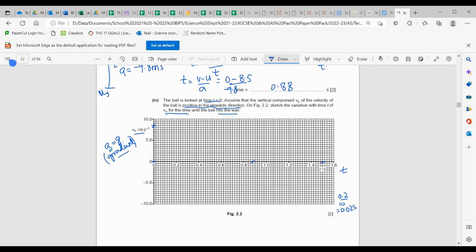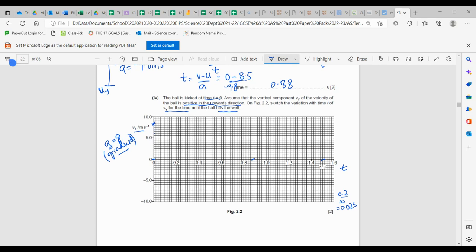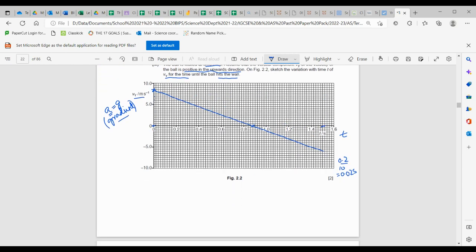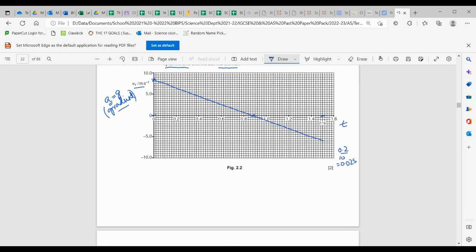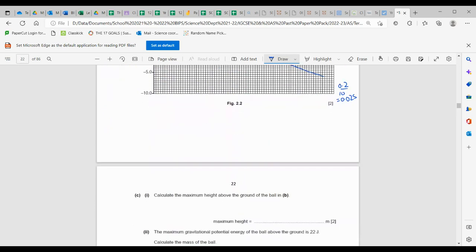So I will try to make a straight line which starts from 8.5 meter per second, passes the x-axis at 0.88 second and finishes up at 1.5 seconds. So this is how the graph will look like. It has to be an exactly straight line with the same gradient throughout.